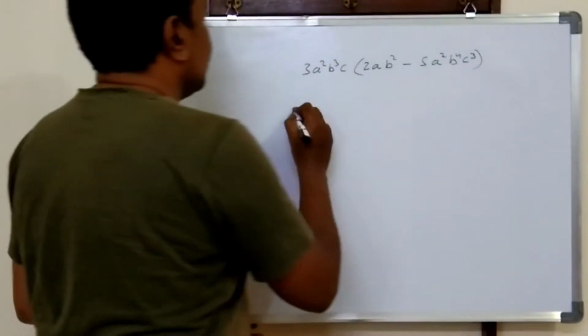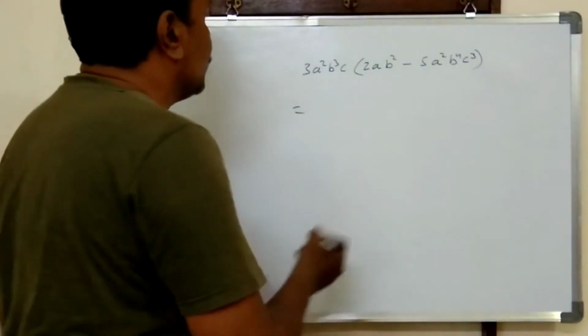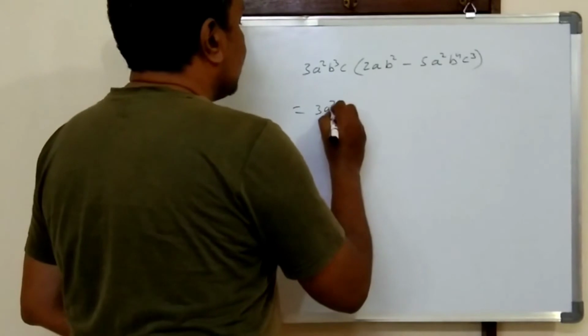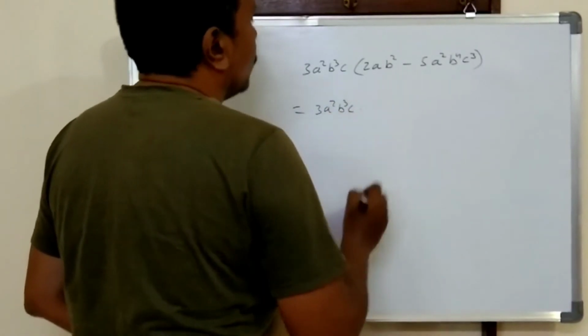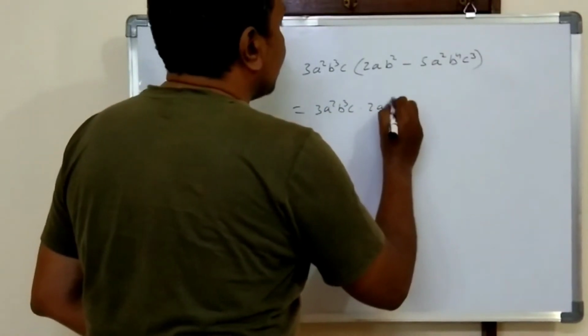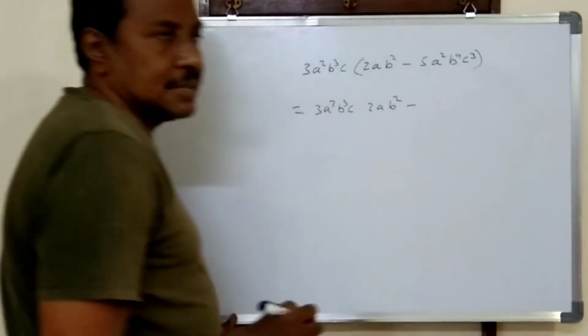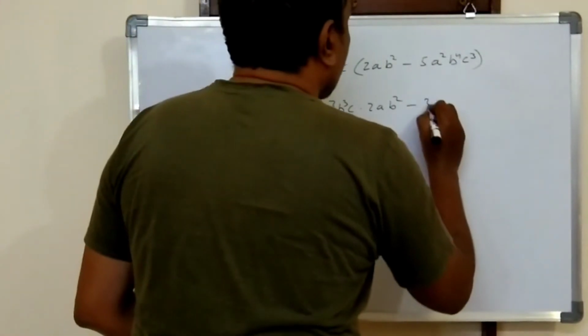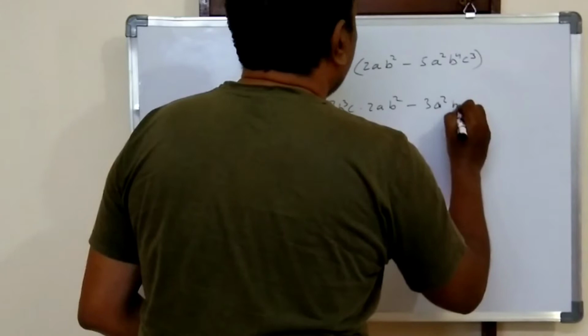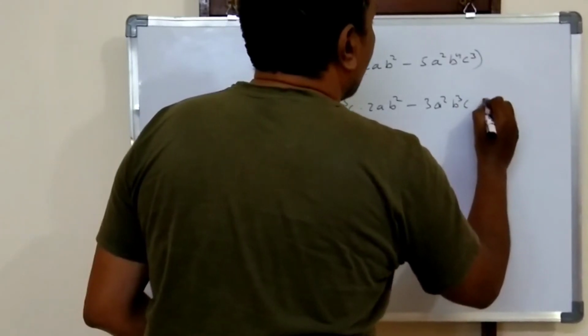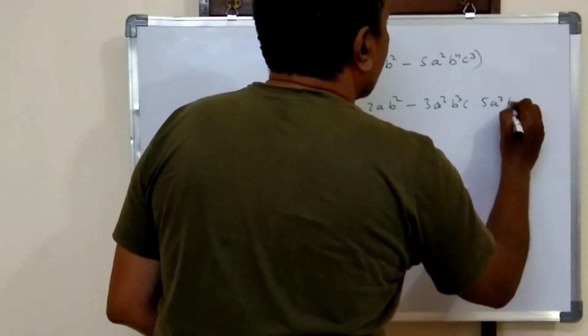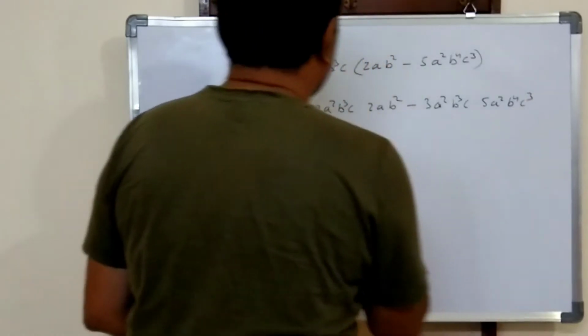As usual, 3a square b cube c into 2a b square minus 3a square b cube c into 5a square b power 4 c cube.